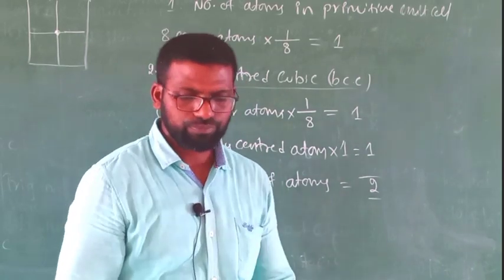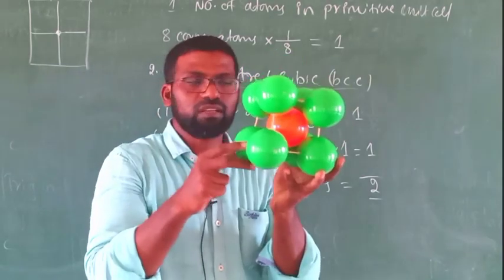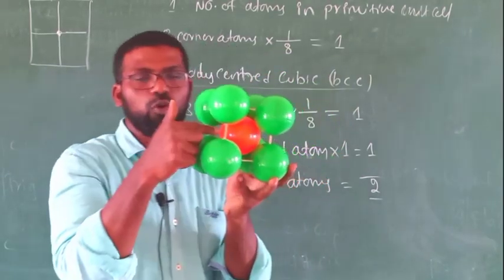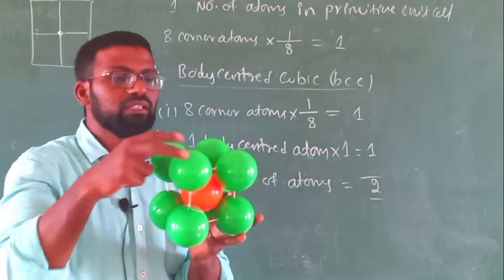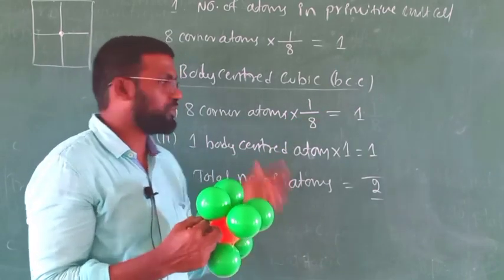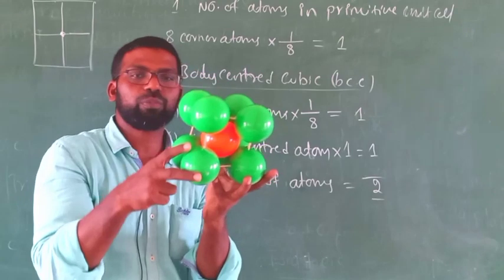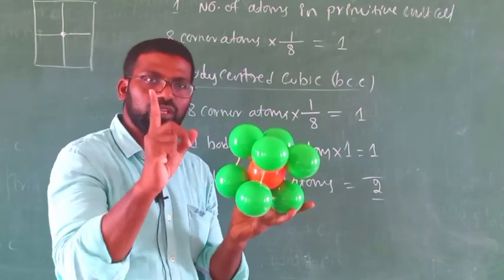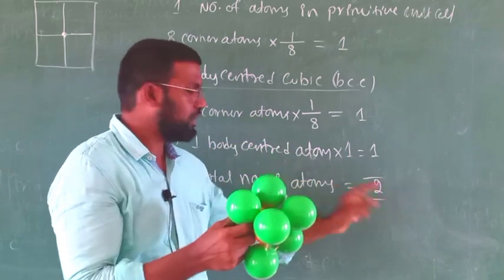For example, here we can observe 9 particles, 8 particles at corners and 1 particle at the center of the body. But practically these 8 corner particles have a 1 by 8 contribution, so 8 into 1 by 8 is 1. All 8 corner particles become equal to 1, plus one body-centered particle, so 1 plus 1, a total of 2 particles.